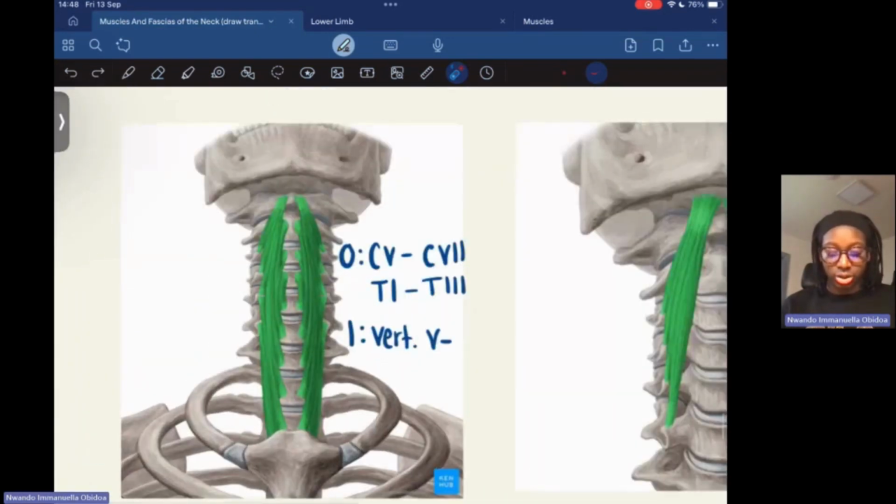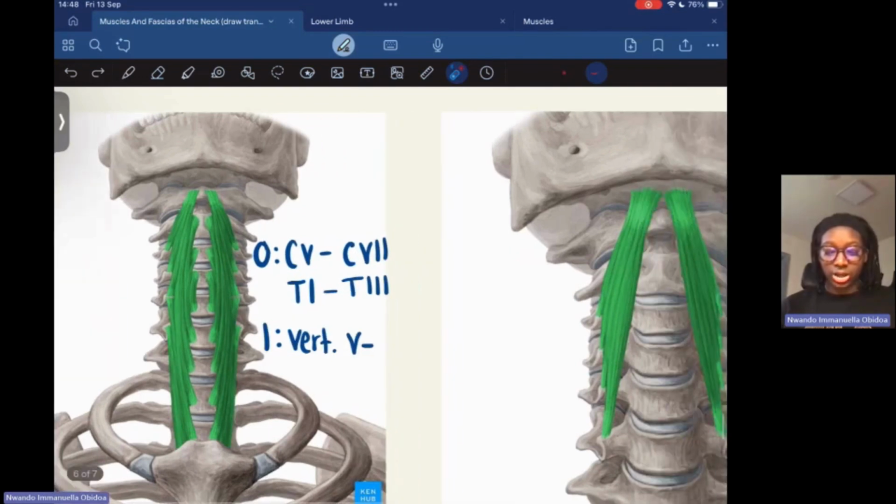Here you can also find the longus colli and then the longus capitis.